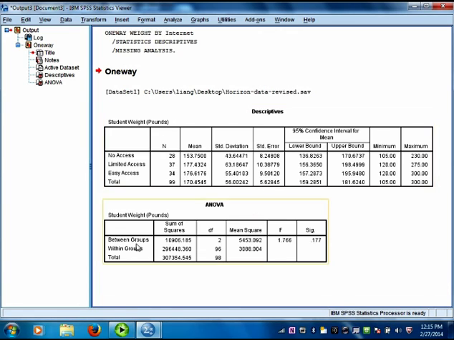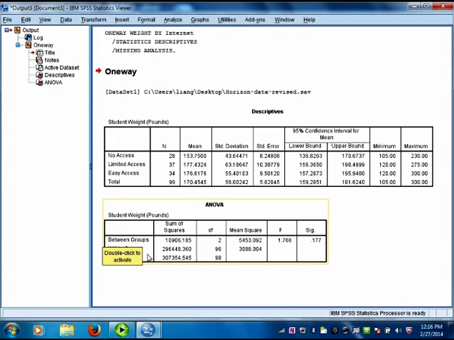So between group difference means the no access group differences versus the limited group differences versus the easy access. It means the three total group differences among each other, among the three groups. So that's called between group.